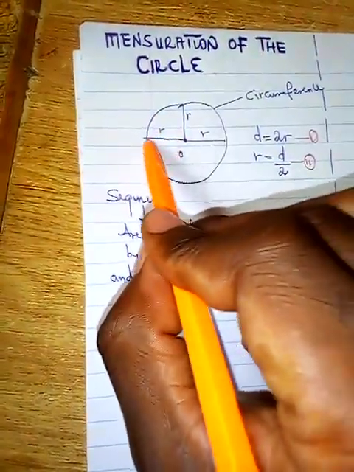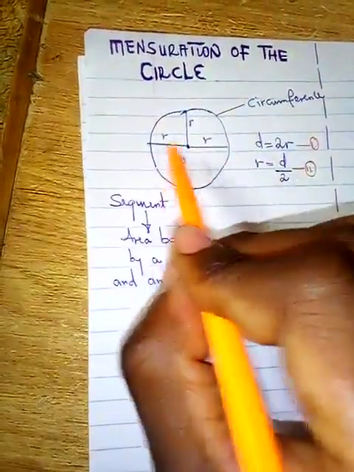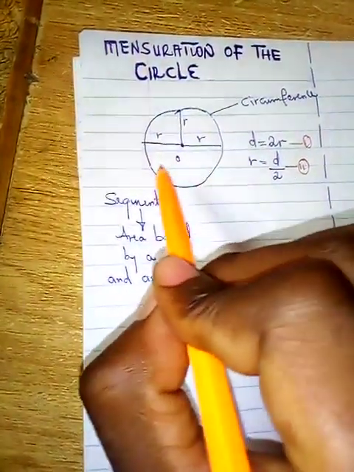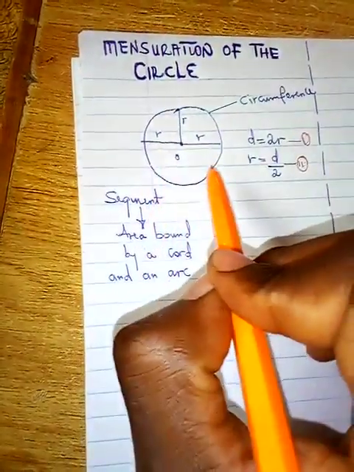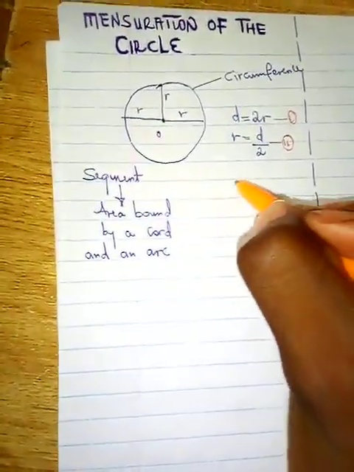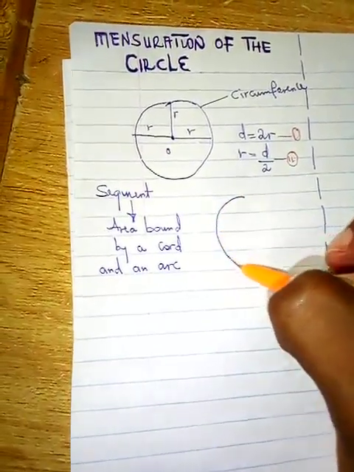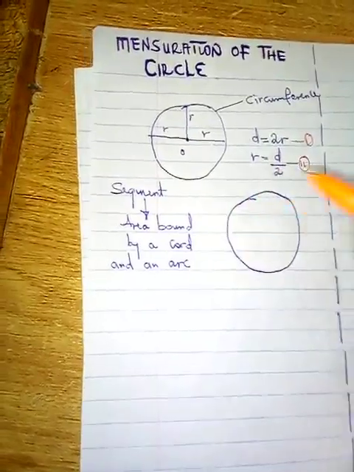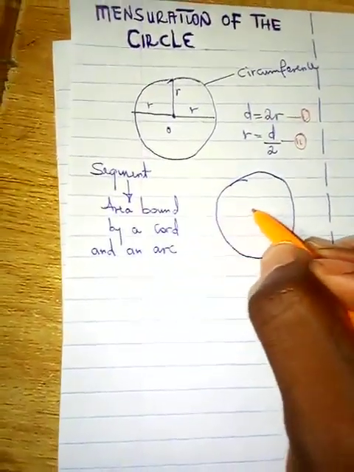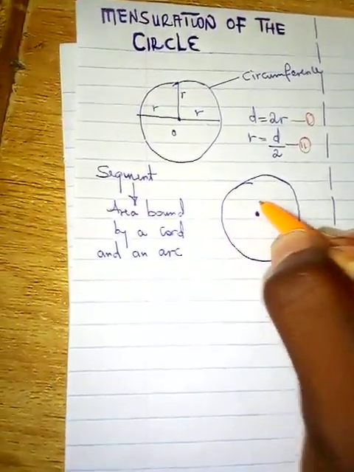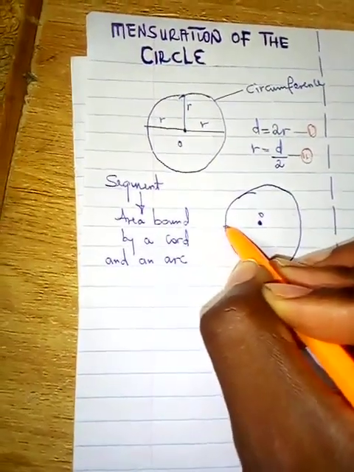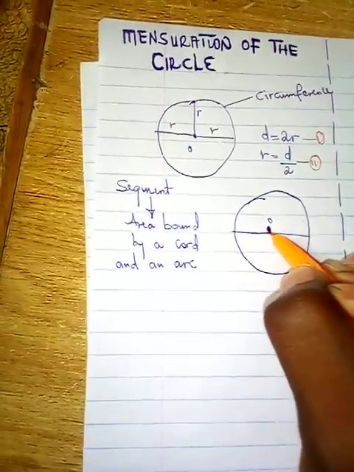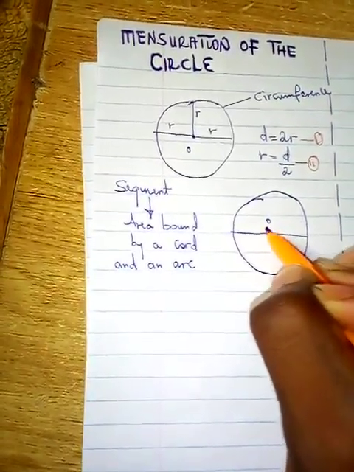The diameter is an example of a chord, a straight line that is stretching from one point of the circumference to the other. Let me put another circle like this. So imagine this is your point O. This is your diameter.